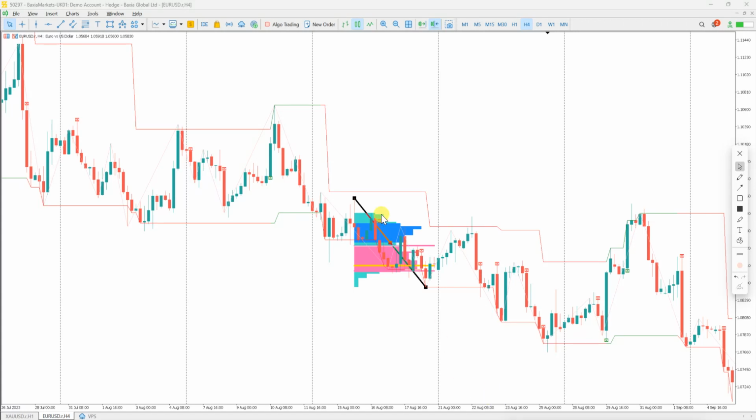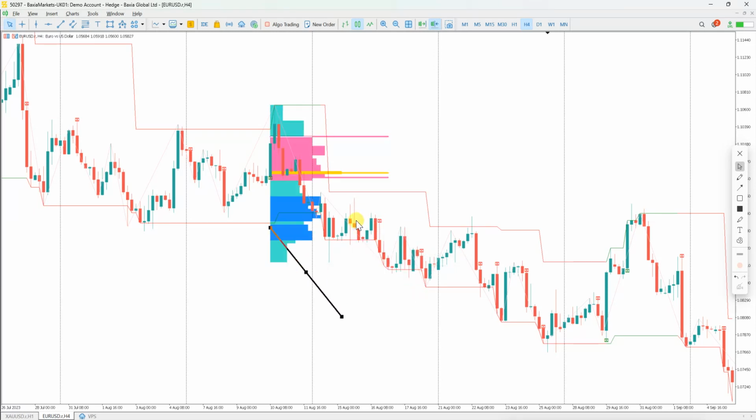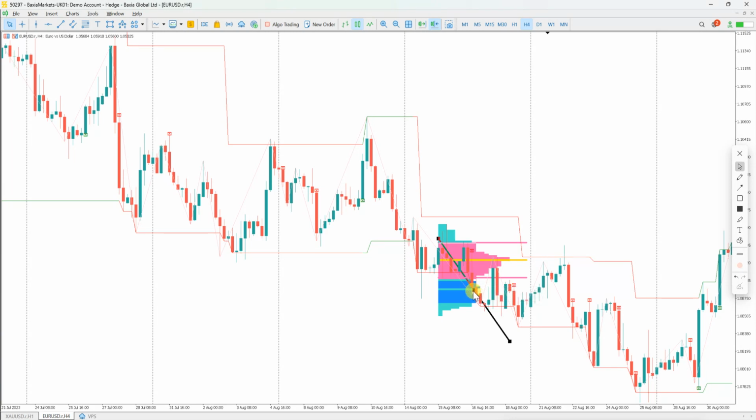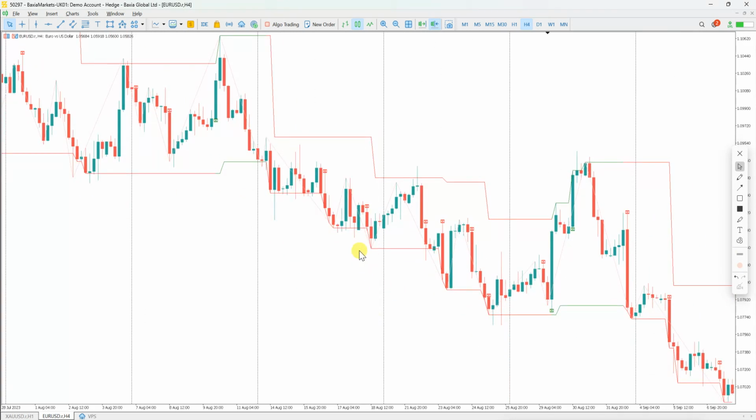Okay, sorry guys, so where were we? Okay, right here. I plotted from this swing high before it had a break of structure. Actually, we don't need this yet.